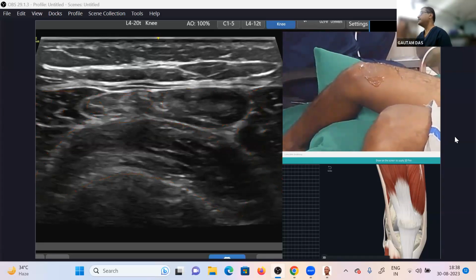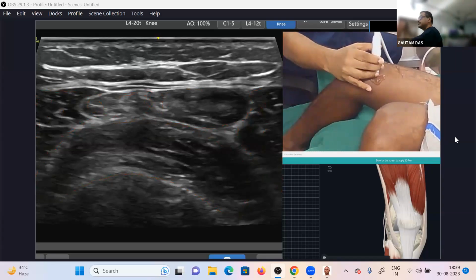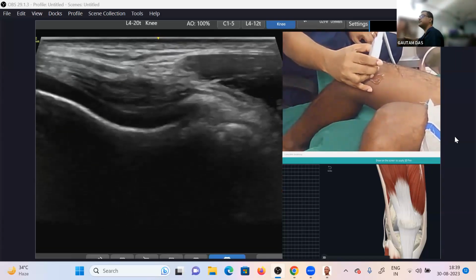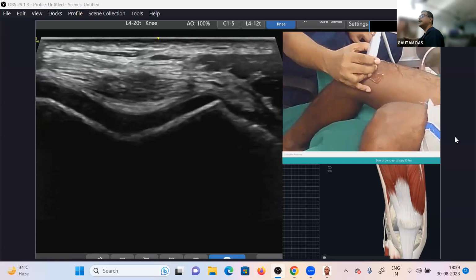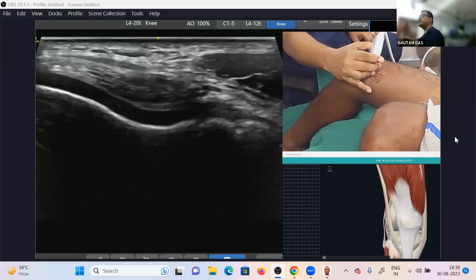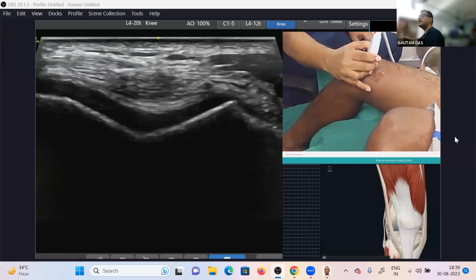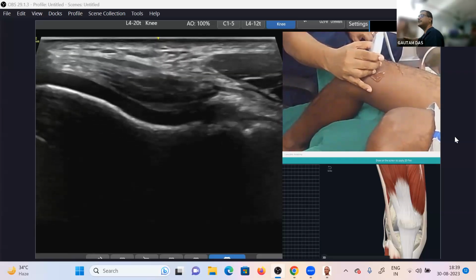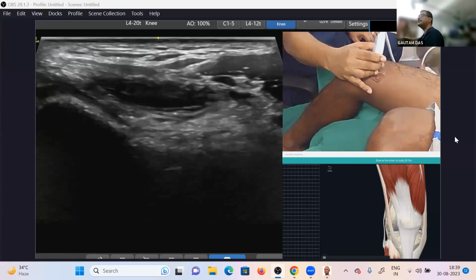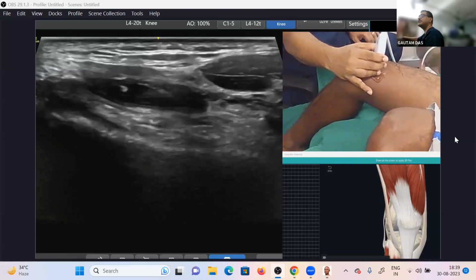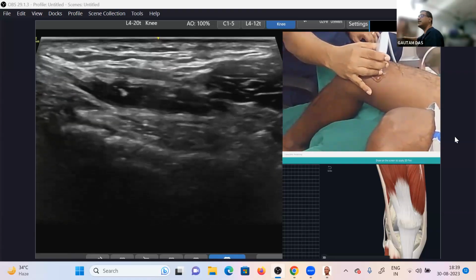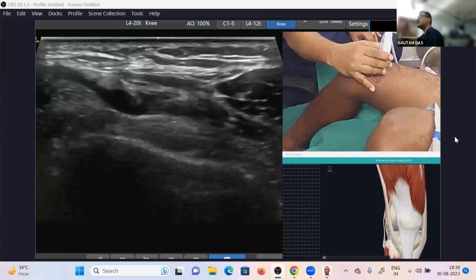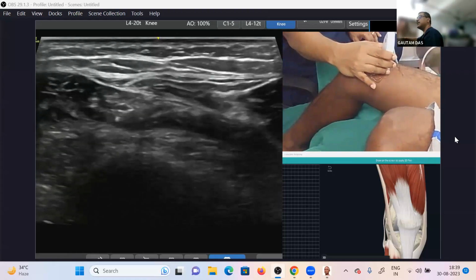Let me clear it. Okay, from here, I'm going up. What I told you, remember, the lateral side will be elevated. So you can see all the layers going up, and gradually all the 4 muscles becoming tendinous.